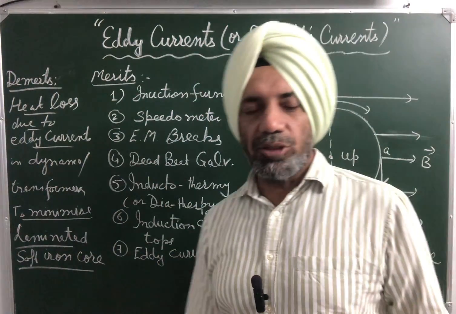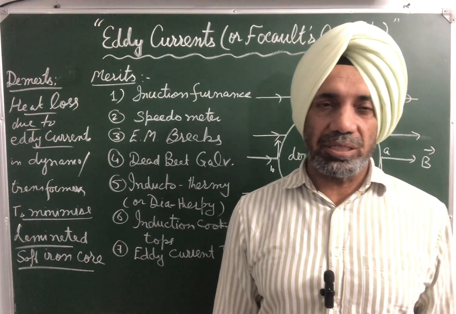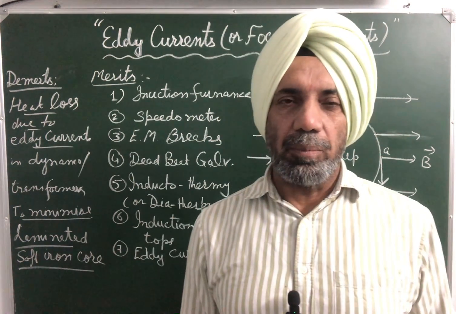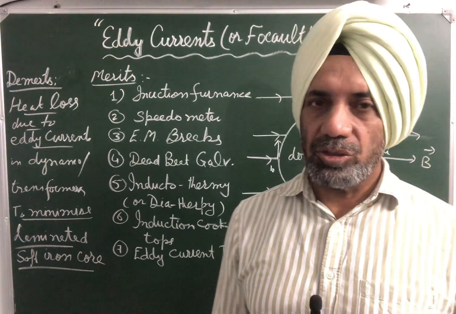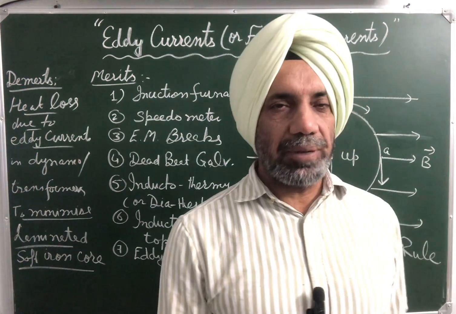Demerits: there is only one demerit, because a large amount of heat is lost due to eddy currents. An amount of energy is wasted. So there is energy loss due to eddy currents, as in a dynamo or transformer.